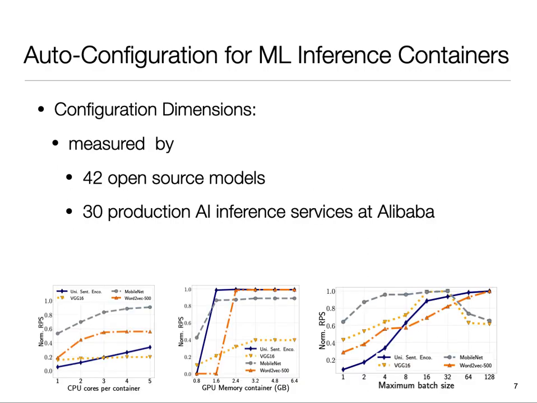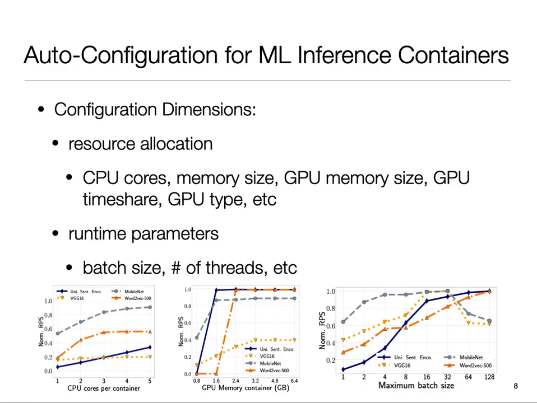Given a model serving container, the cloud operator needs to specify its resource and runtime configurations. To quantify how each configuration may affect the serving ability, we profile some open source and production machine learning inference services. We stress test their peak RPS under various configurations.